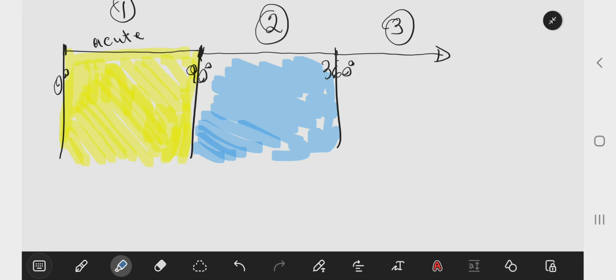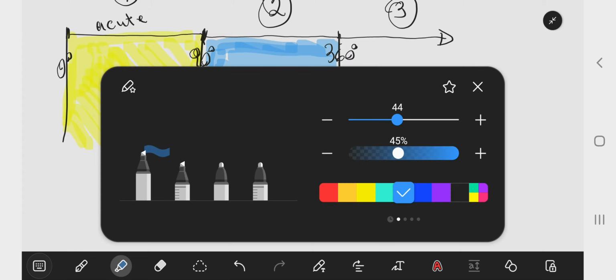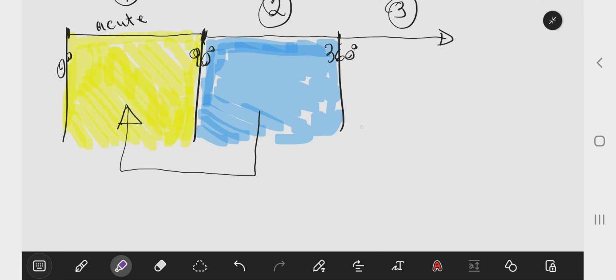What you have to do is make sure that you are able to reduce this angle in order to take it to the first region, which is from 0 to 90 degrees, right? The same applies if you are in the region which is 360 degrees and above.